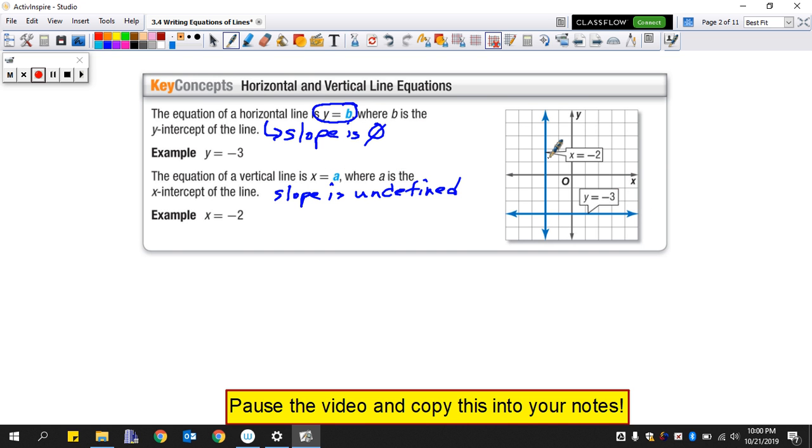The vertical line, remember the slope is undefined. It crosses the x-axis right here. Every x coordinate will be the same in a vertical line. So in that case, you would have x is equal to a, or in this case, where a is -2, x is equal to -2.